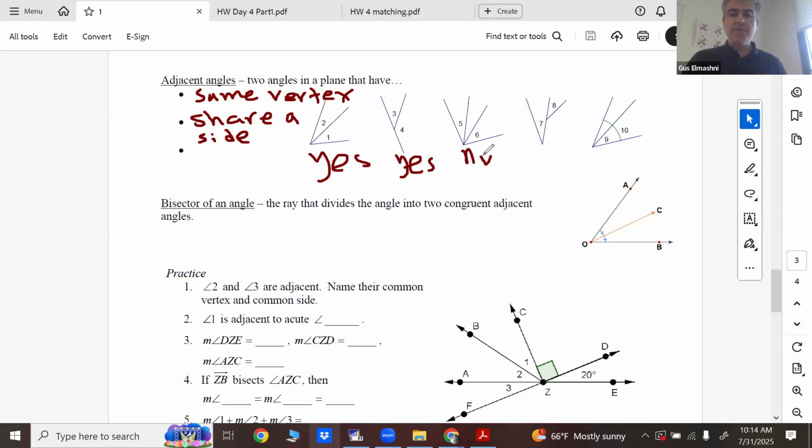This is no. No. And no. It's pretty clear they don't have the same vertex. It's pretty clear they don't share a side. And they also don't share a side here. Oh, now I see why it's the third bullet point.